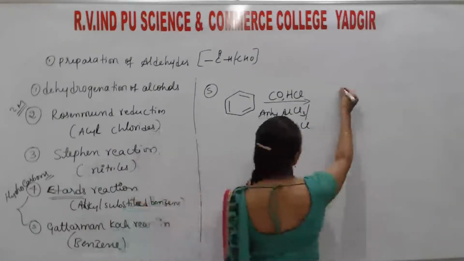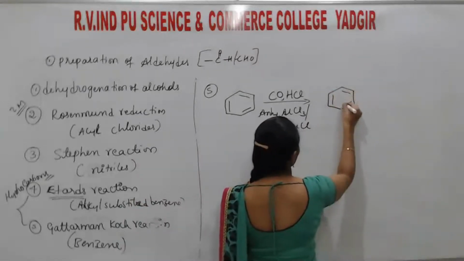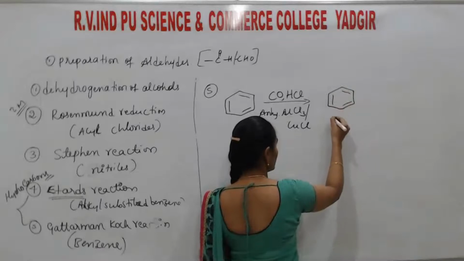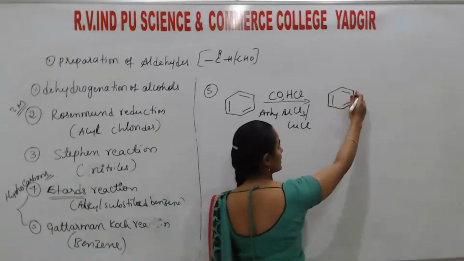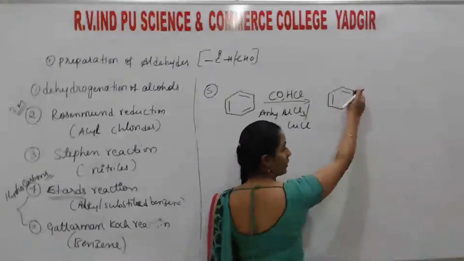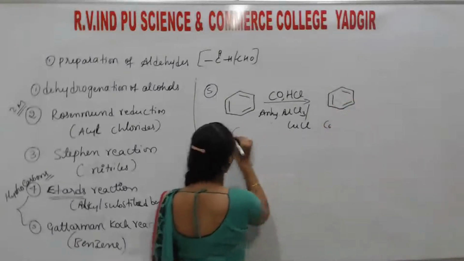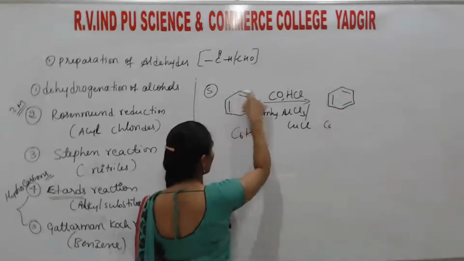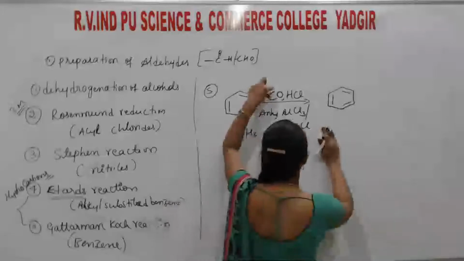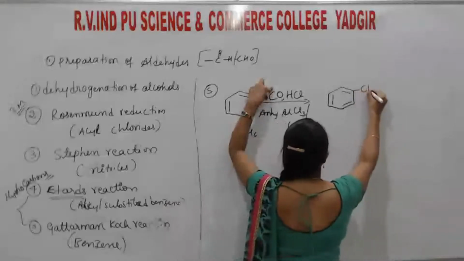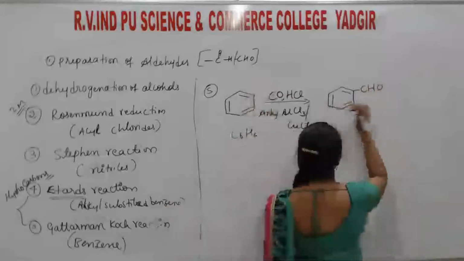Of course, the direct reaction is here. Listen. Benzene is C6H6, which means for each carbon atom one H is attached. So here what happens? CHO is added to that, and HCl is of course removed.